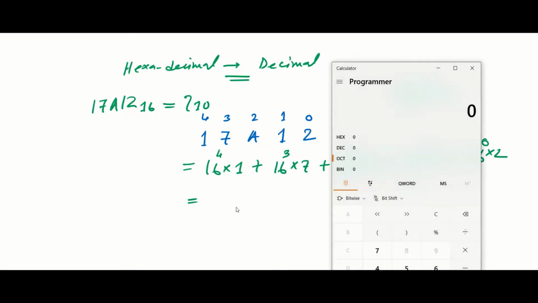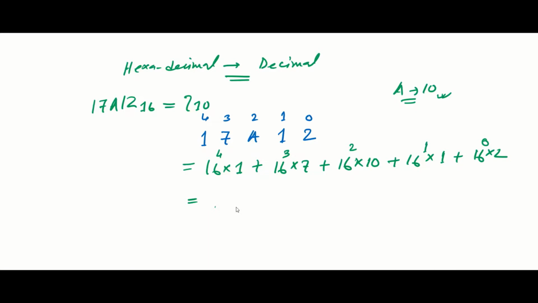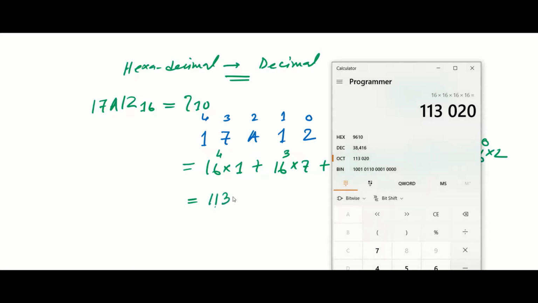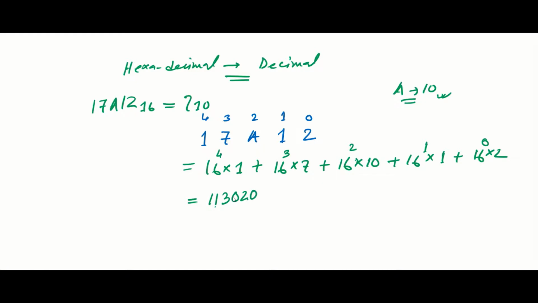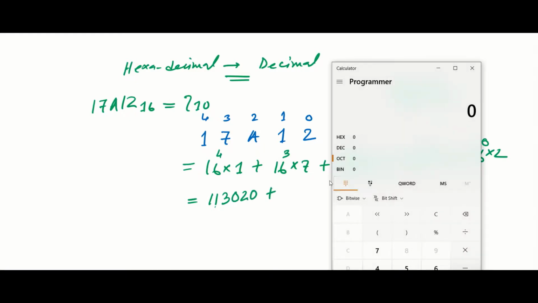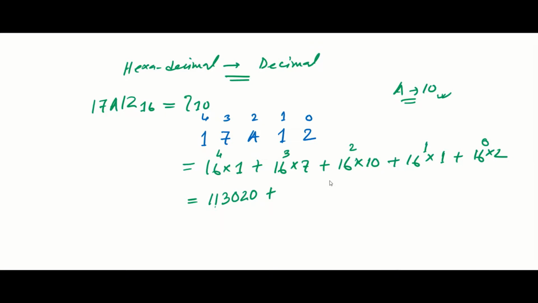16, let's multiply 16 four times. 16 into 16 into 16 into 16. So this is the number 113020 plus 16 to the power 3, 16 multiply with 16 multiply with 16, 5270, and multiply with 7.